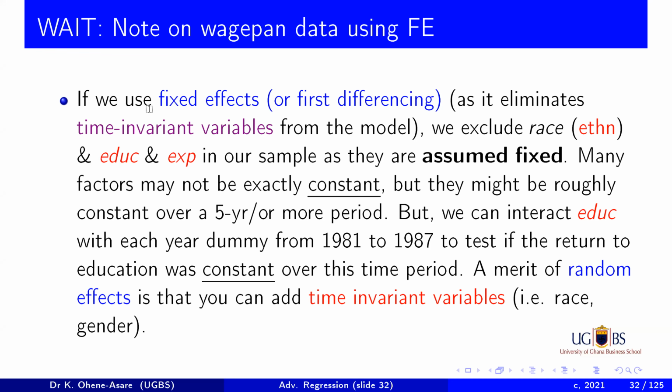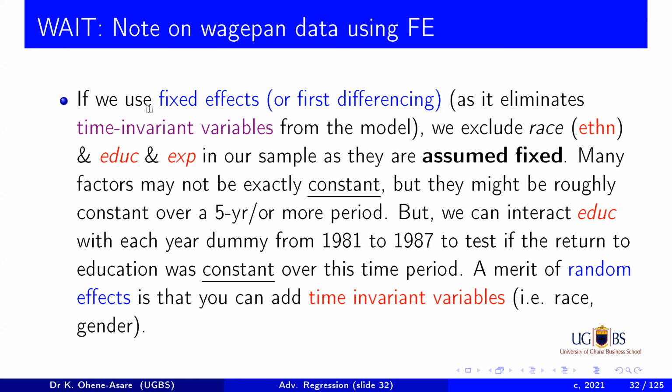The reason is because many factors may not be constant, like education, but they might roughly be constant over a year. So even though education is rising deterministically, in other words, every year we are all having the same one year experience anyway, such variables can be interacted with a dummy variable in order to test if the return to education was constant over time.